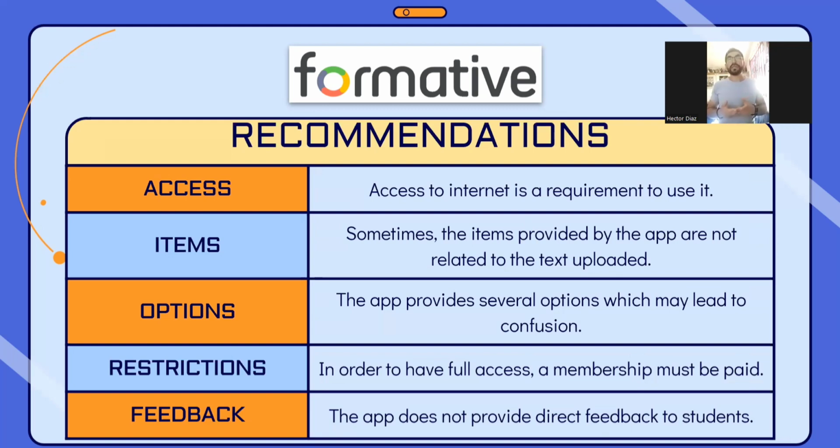For that reason, it is important to practice during the lessons with the students. Restrictions. It has several options, but most of them are restricted because it is necessary to pay a membership if you want to access them.